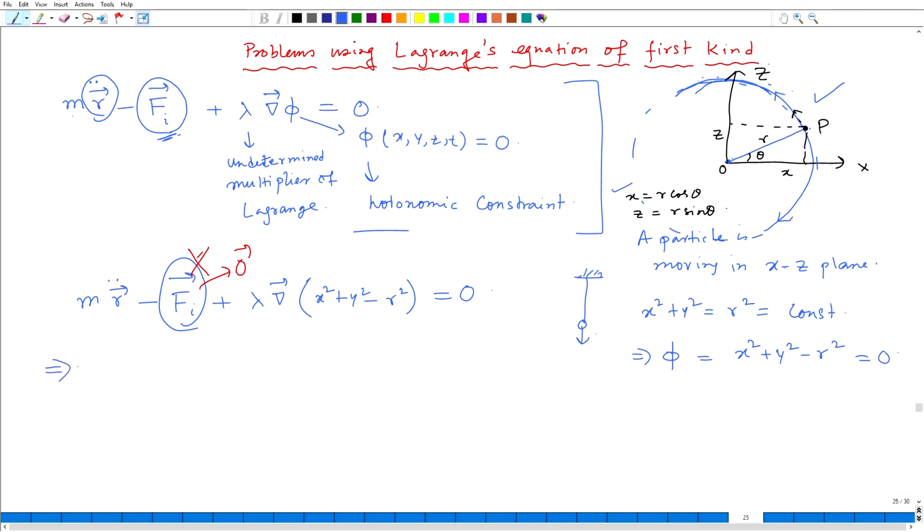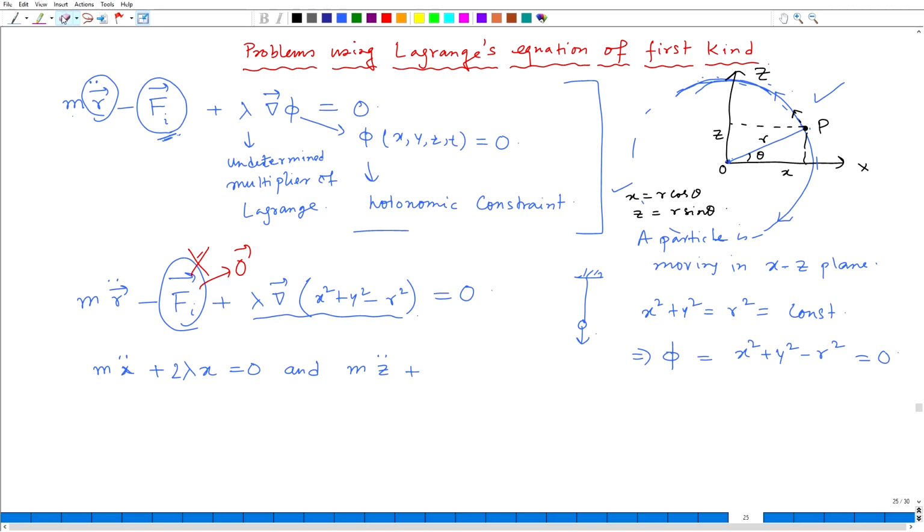Using Cartesian coordinates, I can actually write then m x double dot plus lambda. Here also I have to take the x component, which will be 2 lambda x, is equal to 0, and m z double dot plus... I think I have made a mistake over here.